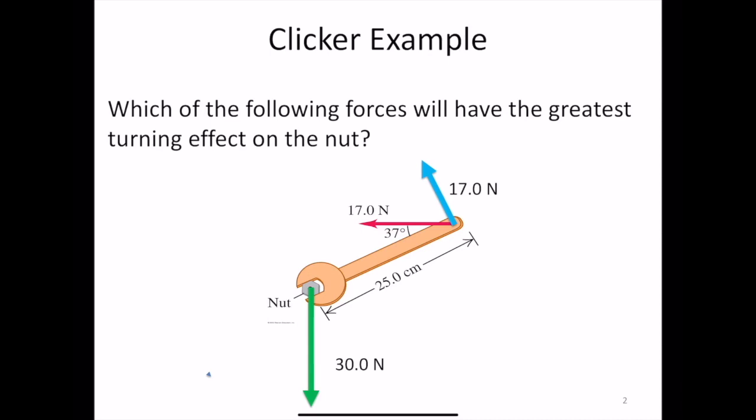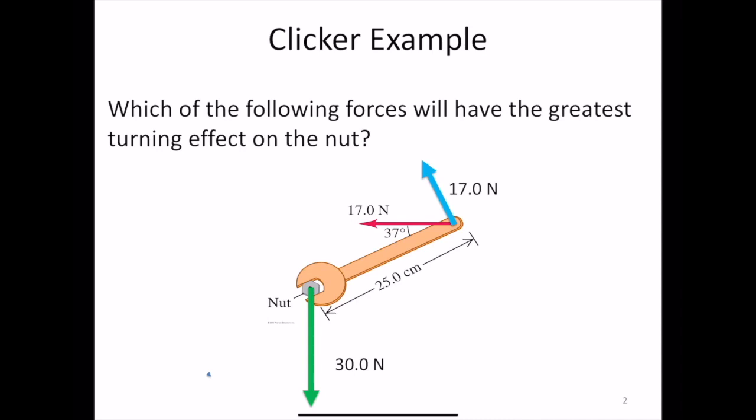If you think about it carefully and ask yourself what you would have done if you had to turn this wrench, you would probably have picked the 17 Newton force indicated with the blue arrow. Clearly that force has the greatest turning effect on the wrench. And that is correct.